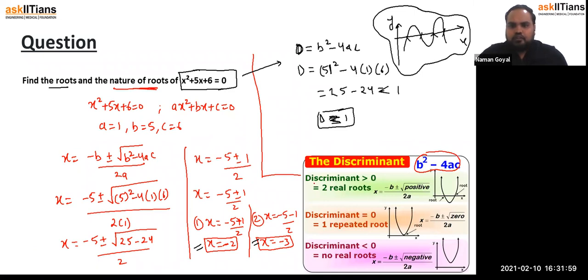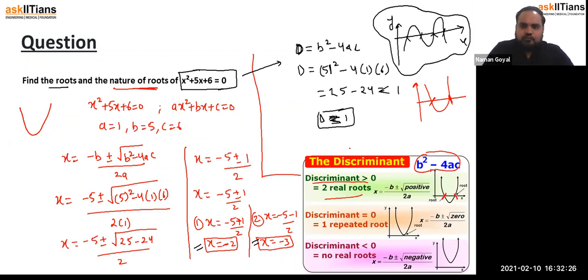If D is greater than 0, two real roots are there. It means the graph of that quadratic polynomial cuts the x-axis at 2 points. We know that the graph of a quadratic polynomial is a parabola, so it cuts at 2 points, as you see here.